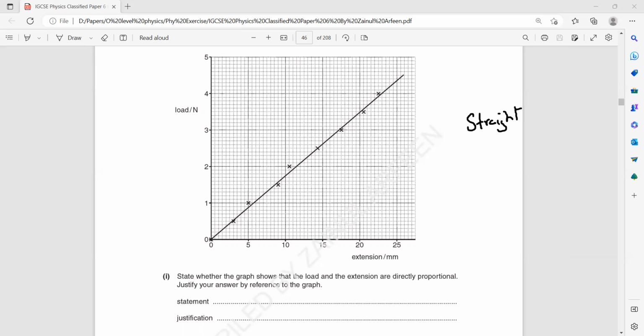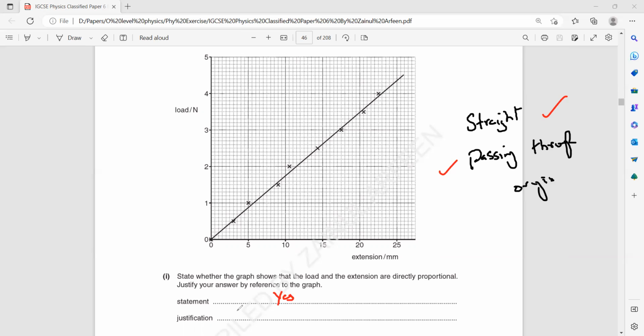And the second thing, it should pass through the origin, or start from the origin. So when we check, the first thing is that it is a straight line. The second thing, it should pass through the origin. Both are satisfied, so we'll say yes.